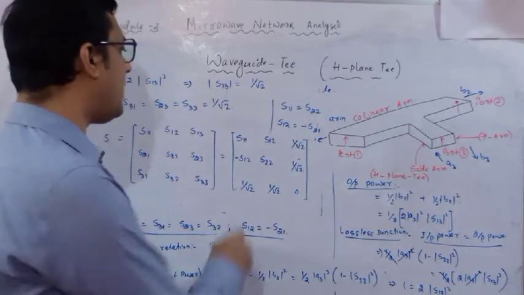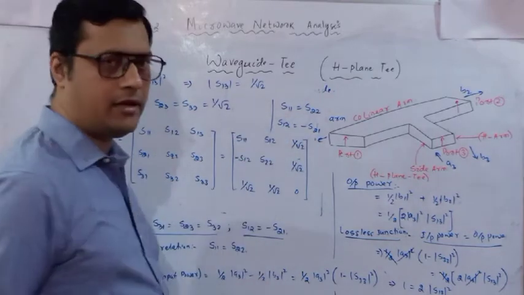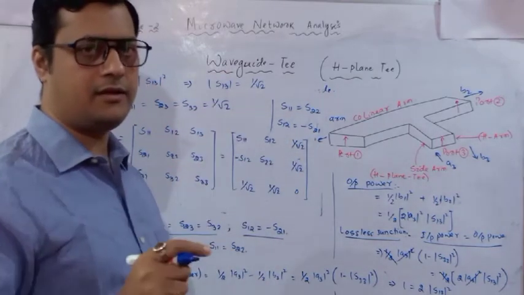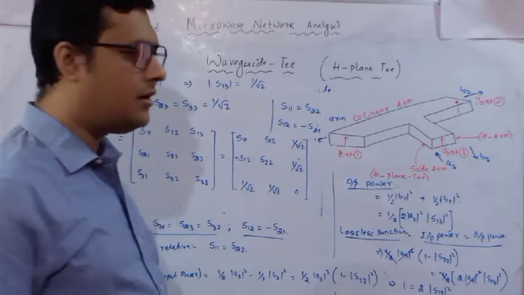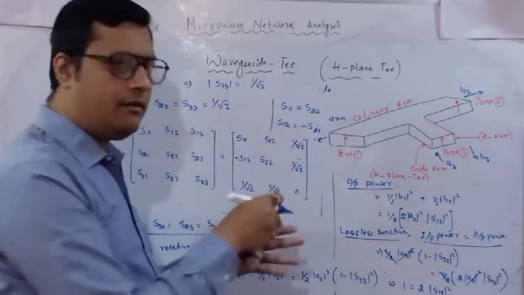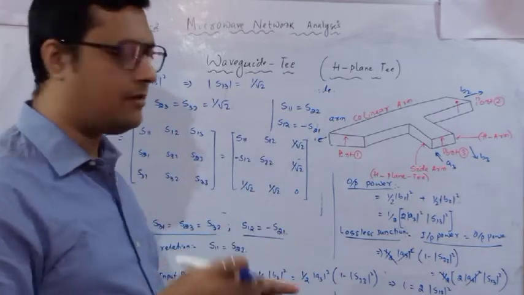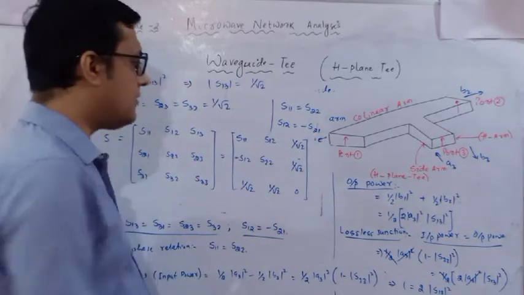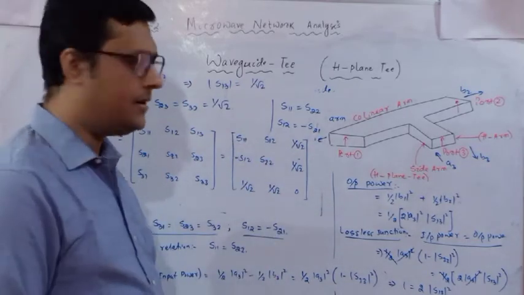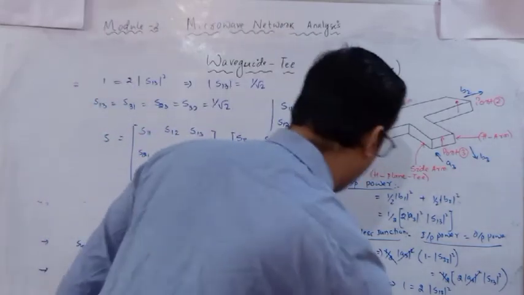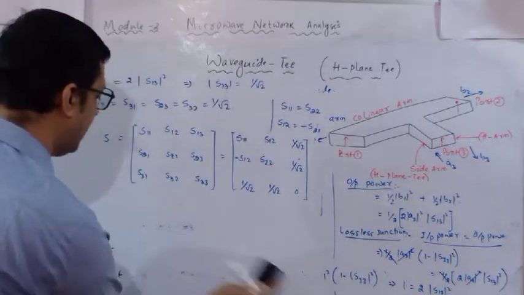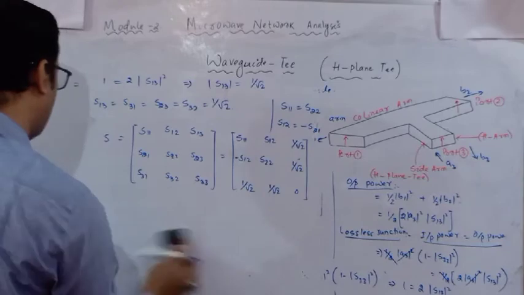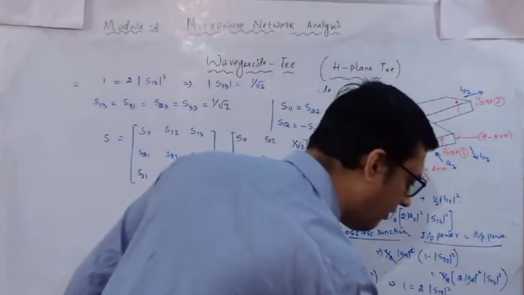Unitary property means either the square component of each row of the scattering matrix must be equal to 1, or the square component of each column must be equal to 1. So now we have to substitute. As we have solved with respect to the E plane, similarly we have to assign the values for the H plane also.